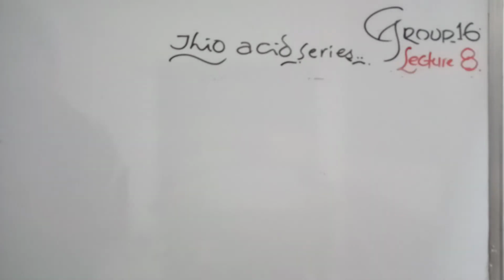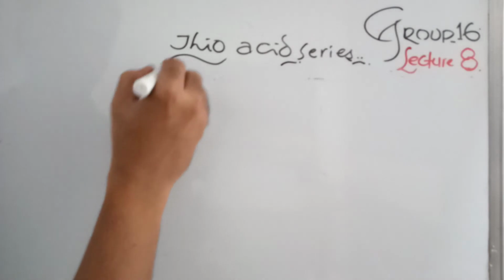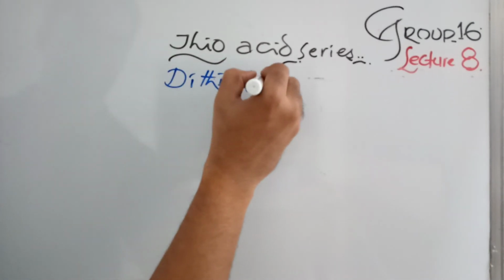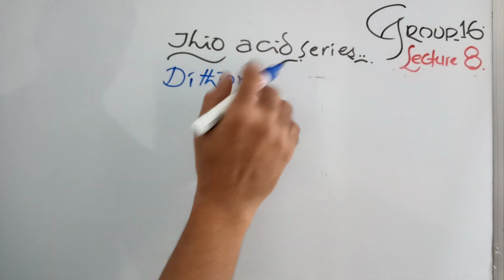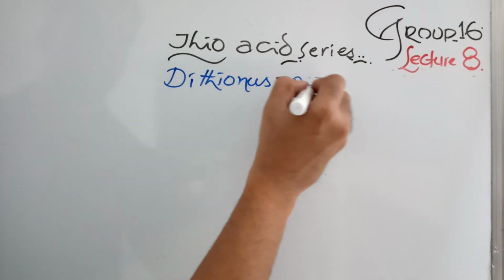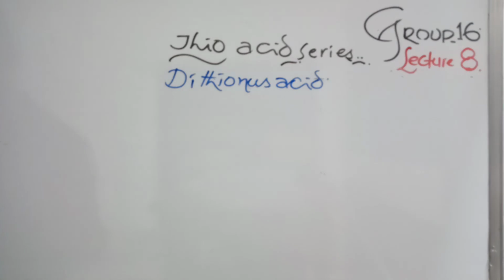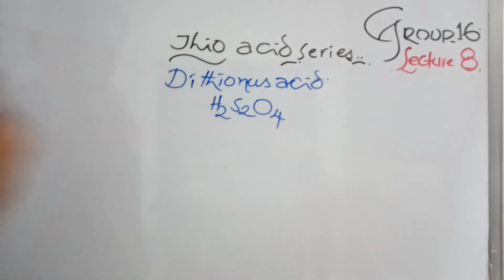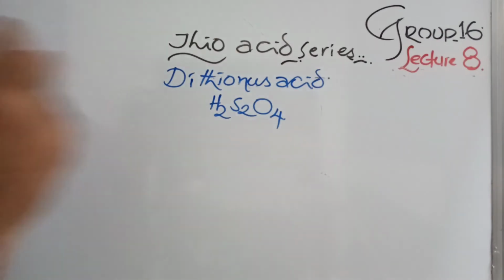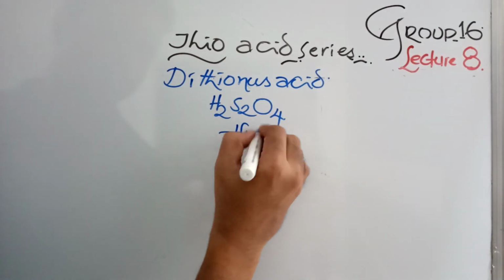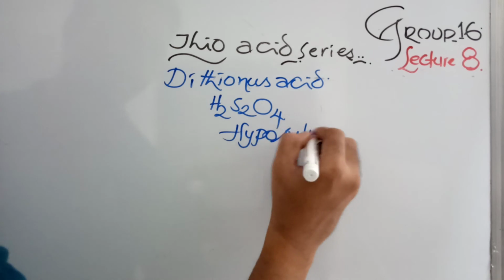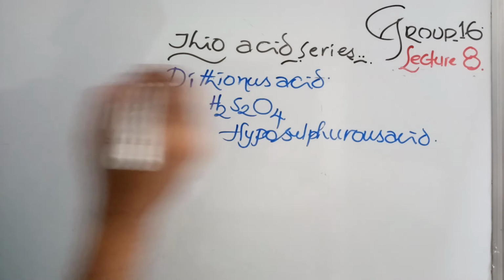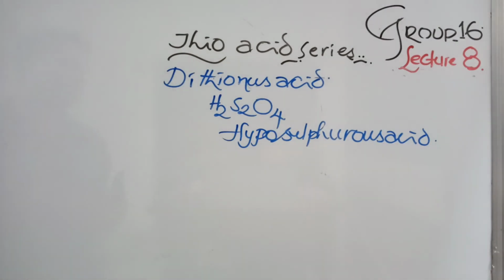The first one is dithionous acid. Dithionous acid formula is H2S2O4. You can say this is hyposulfurous acid, the other name. Dithionous acid, it's very simple.